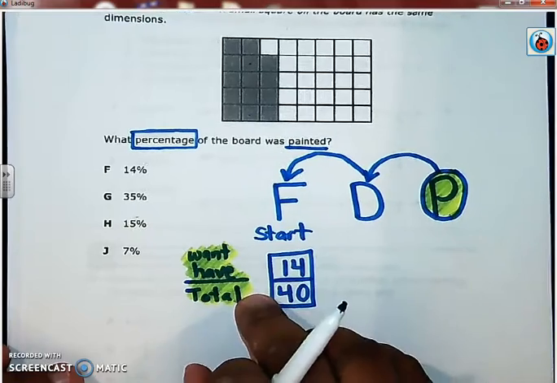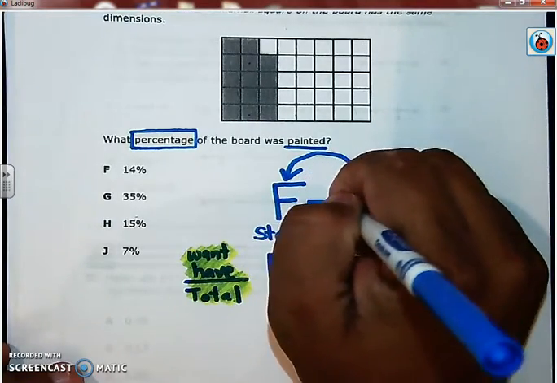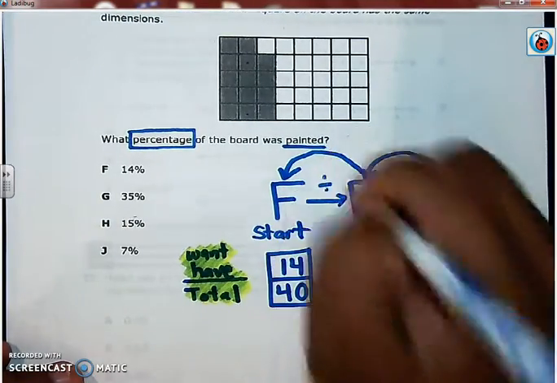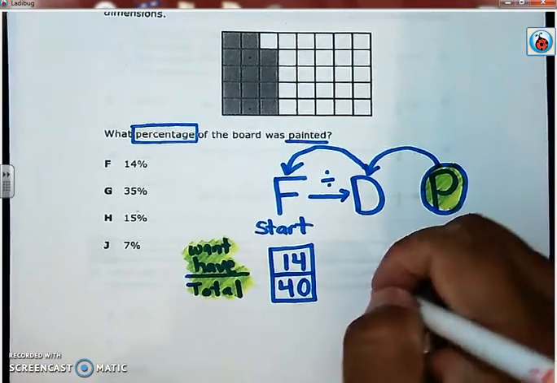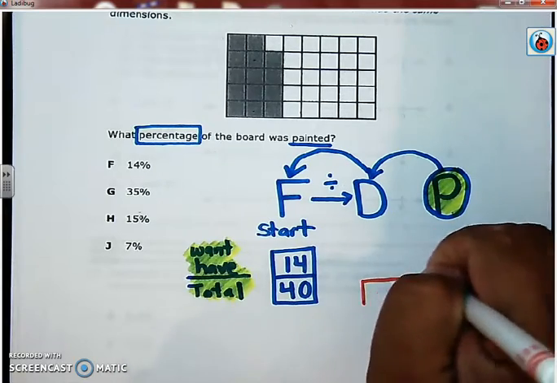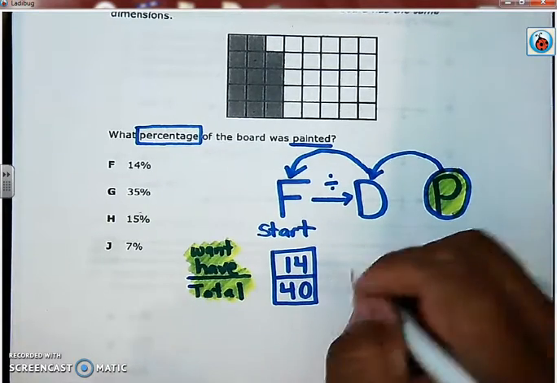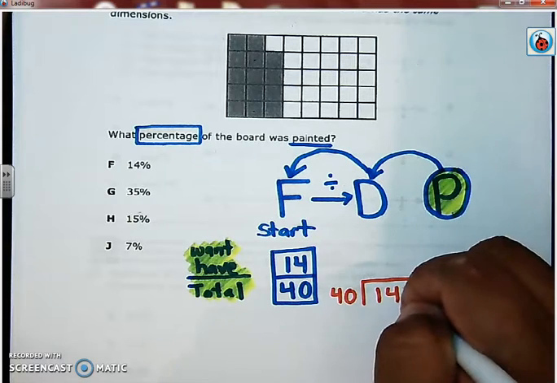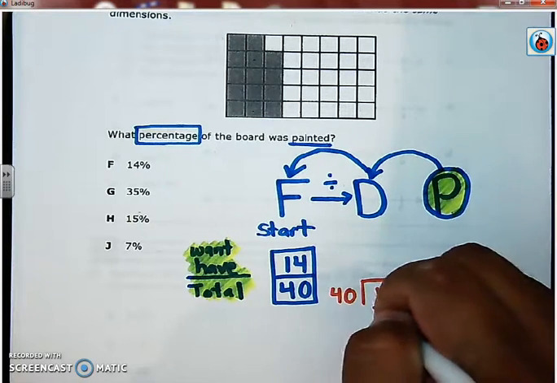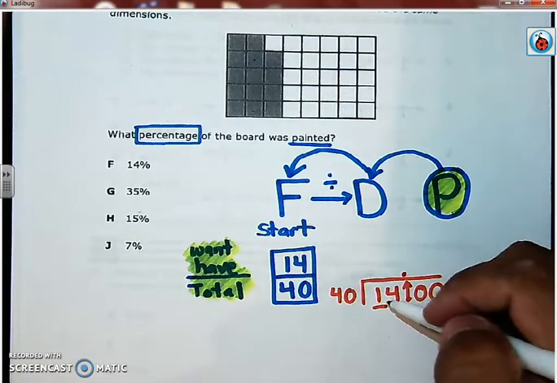You have learned how to switch them to decimal by dividing. So let's see what that's going to give us when we divide. 14 goes in the house, 40 on the outside. Turn it into money. Bring up the decimal. Underline the first one. I have one controller.